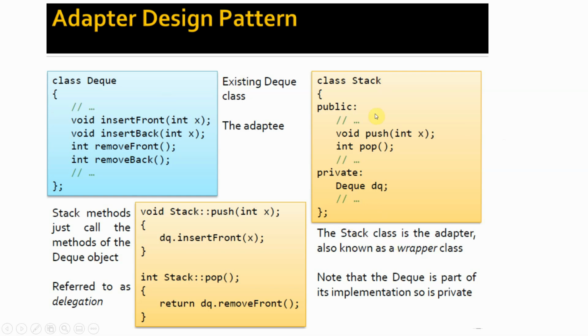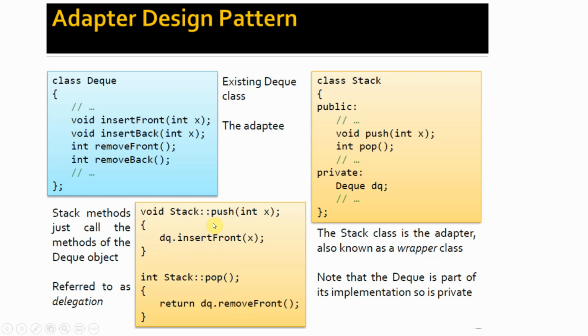So this stack class is called the adapter, also known as a wrapper class, that will use the existing deque class, its objects and its member functions to do the operations that the stack needs to do. We basically delegate some of the operations, like pushing and popping, to member functions of the deque class.